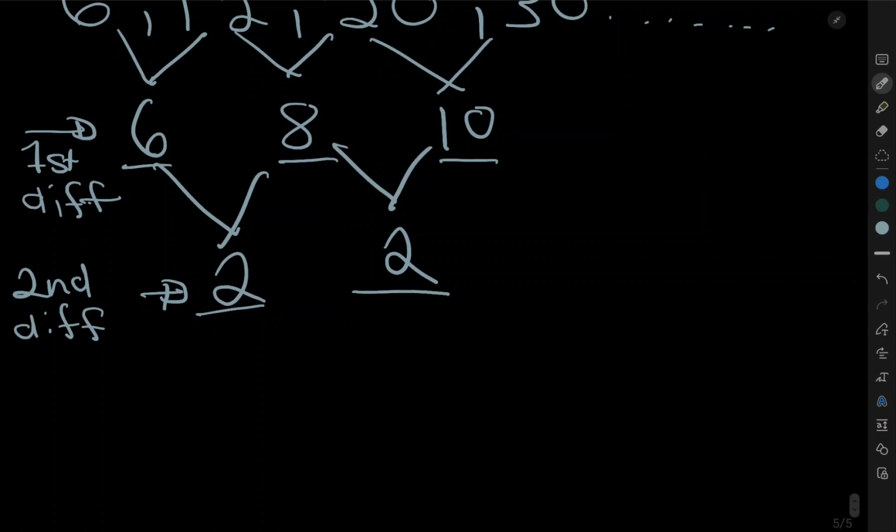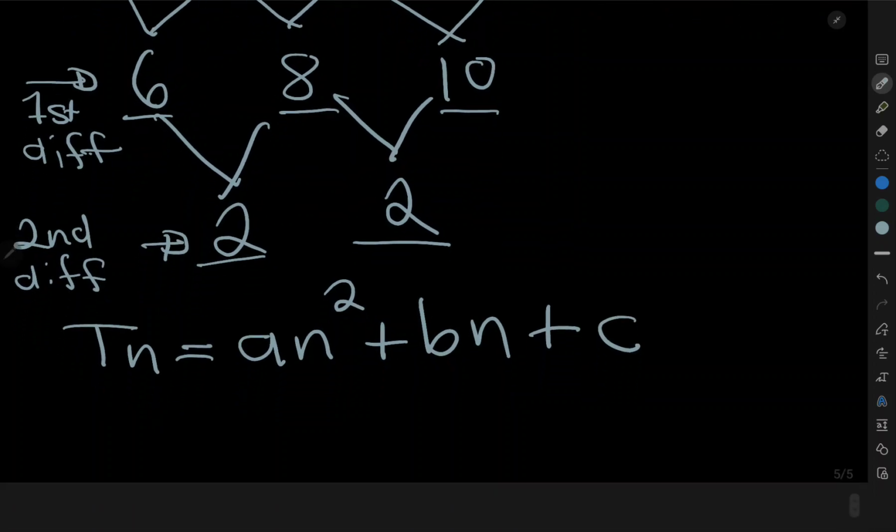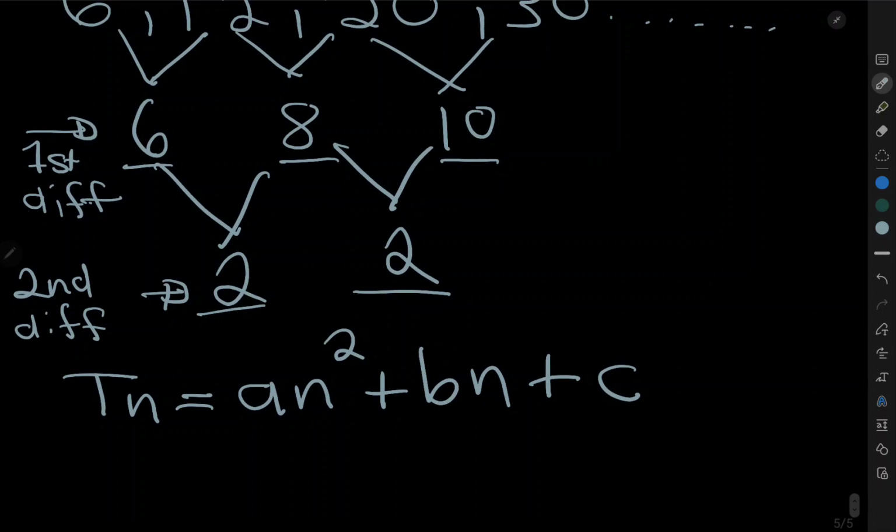Bear with me here. This is a very long and complicated process, so I'm really going to need you to bear with me. As we've already said, in this video we'll be covering quadratic sequences. If you've done quadratic equations, we know the general formula would have been ax squared, but in this case we say an squared plus bn plus c.